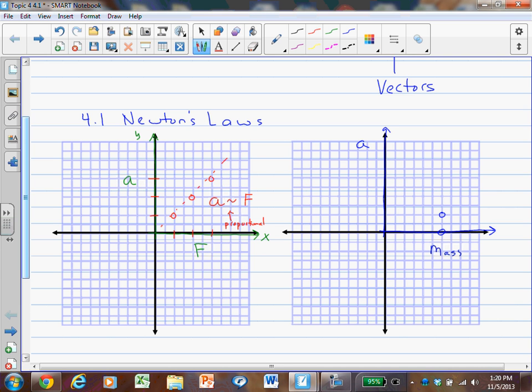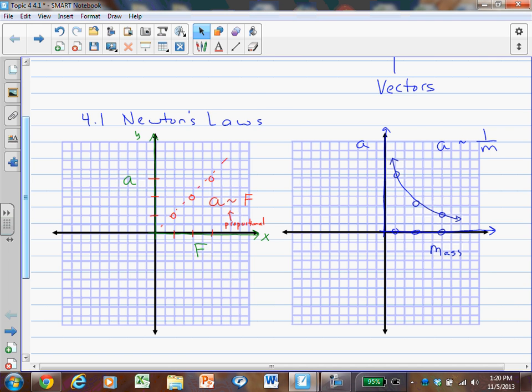And if you apply the same force to a smaller mass, well, you're going to get more acceleration. And even smaller, even more acceleration. And that has a relationship like that. So in this case, the acceleration is proportional to 1 over the mass, because as the mass gets bigger, the acceleration gets smaller.